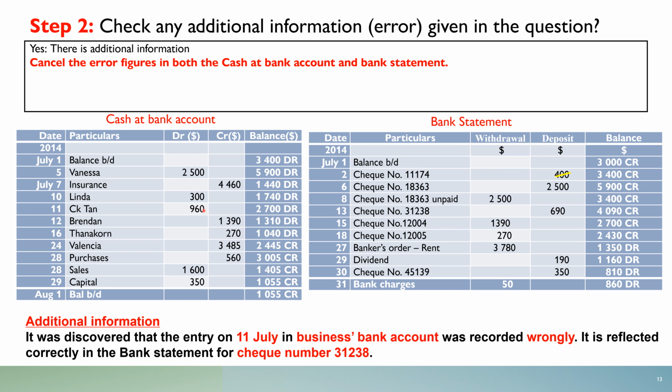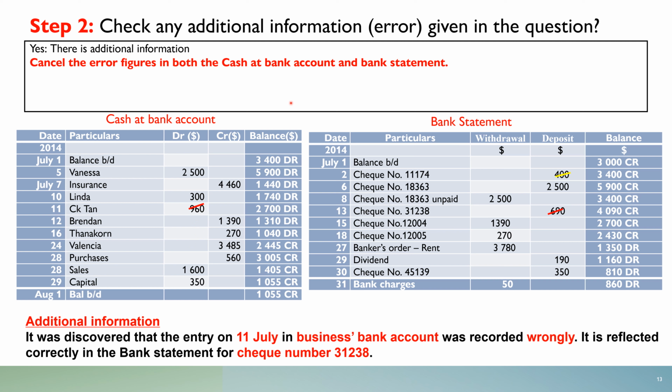This figure is actually a wrong figure. It is reflected correctly in the bank statement for check number 31238. So the check number here, 692690, is the correct amount recorded. But we need to cancel this figure in both the cash at bank account and the bank statement. So I cancel this figure and I cancel this figure.